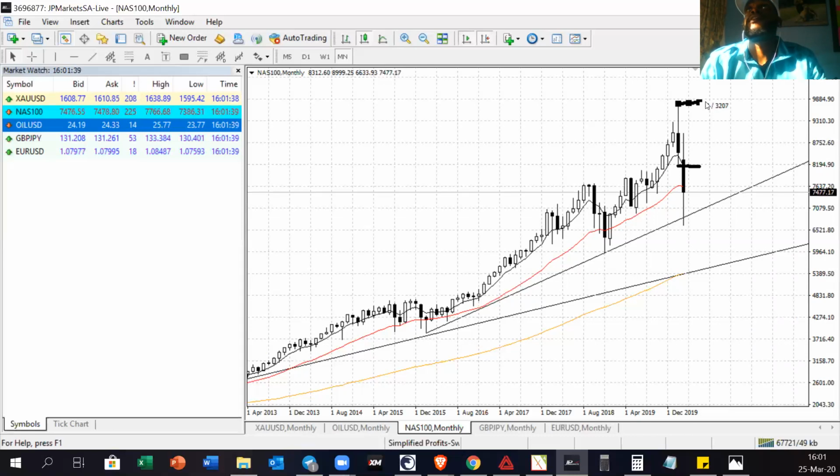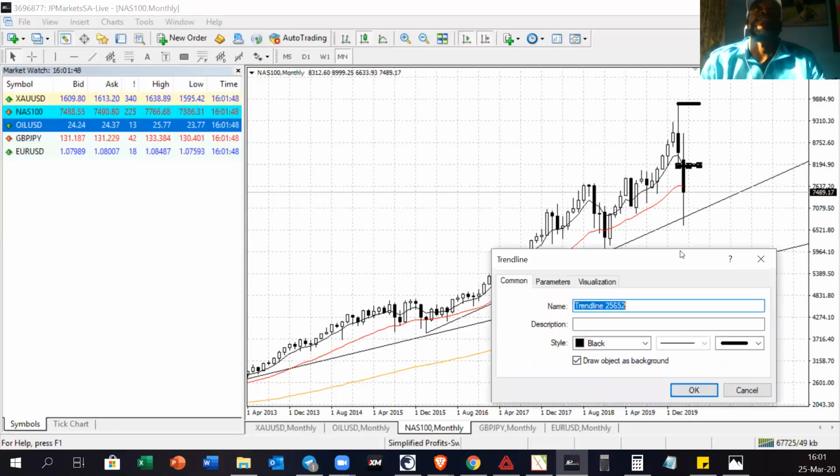The nice thing is when you're analyzing a monthly chart, you only need to analyze it once, either at the end of the month or the beginning of the month. You identify your low, you identify your high, and it stays like that for the rest of the month.